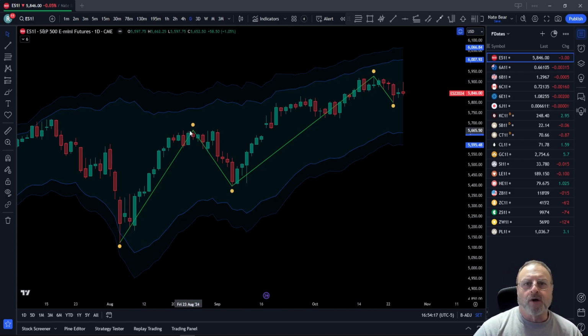These are your major swing bottoms and swing tops. All the minor swing bottoms and swing tops are no longer identified here.